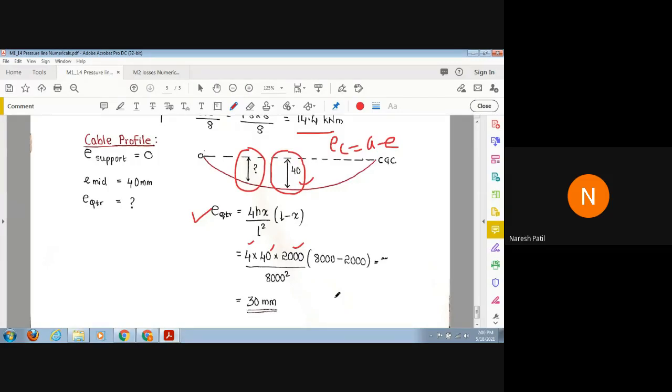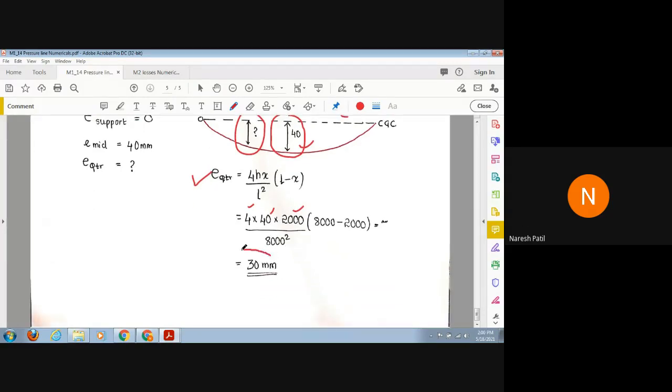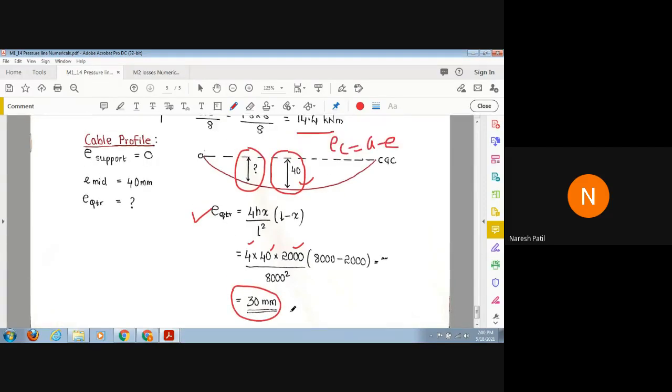At quarter span, we got the eccentricity as 30, because it is a parabolic cable, not a straight cable. So we got eccentricity E: at support it is 0, at midspan 40, and at quarter span 30.